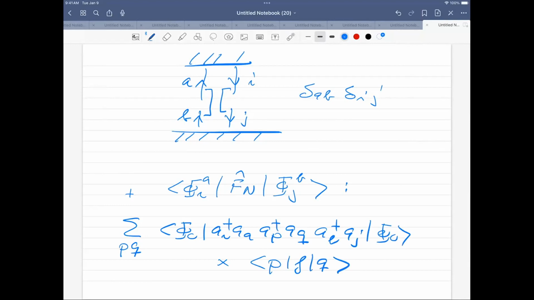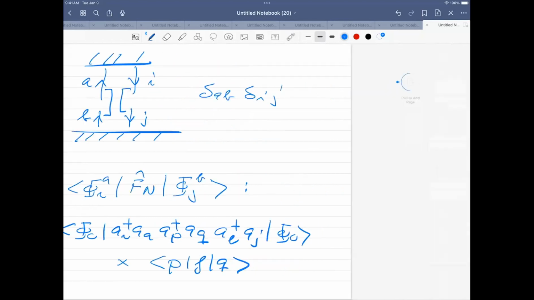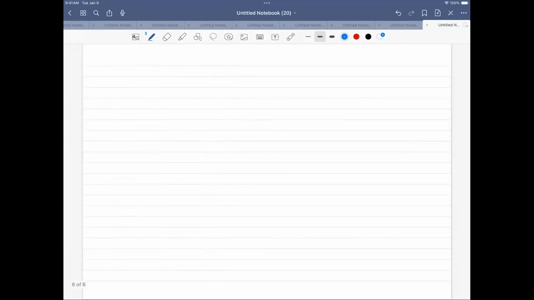So let's just look at the creation and annihilation operators, and just start looking at the contractions which we get. So the way I'm going to write this now is simply just to look at these AI, AP, AQ, AB, and AJ here.